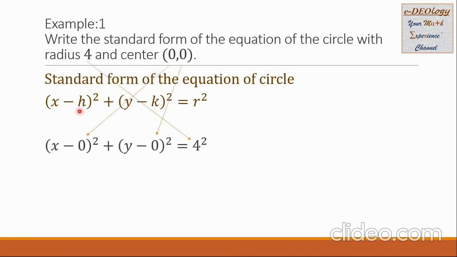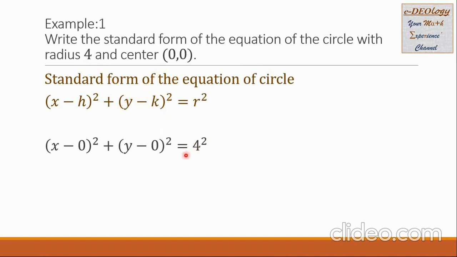The x minus h, now the h changed to 0, then squared, plus the y minus k, and the k is also changed into 0. The quantity is squared equals r squared. Our r is 4, so we put it here and then we put the square.